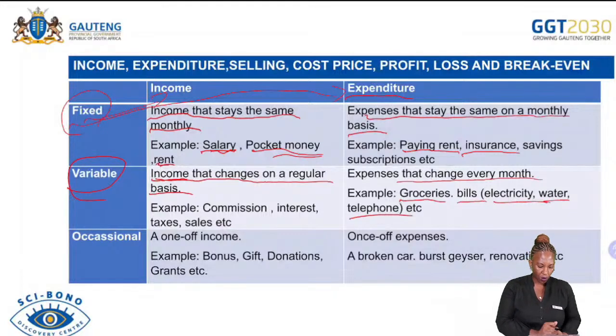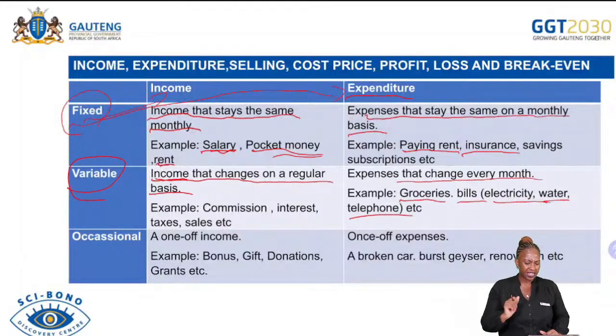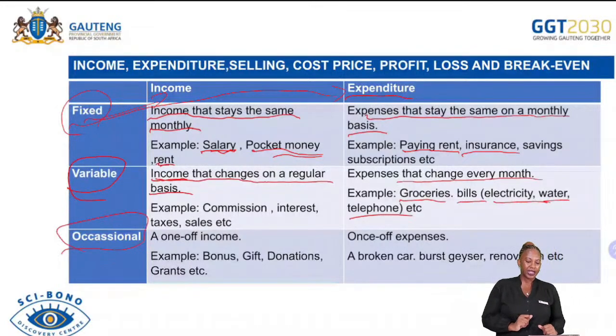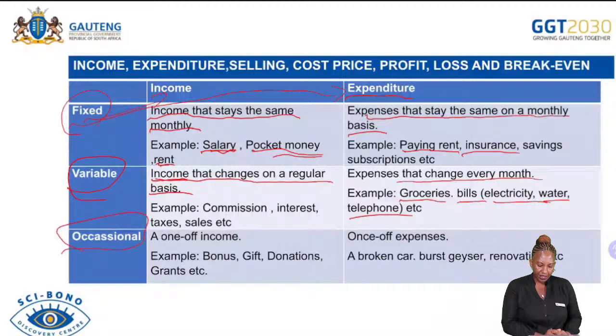Now let's go to the last one, the occasional income. When you talk about the occasional income, we say it is a once-off income. What is the meaning of a once-off income? A bonus. I don't get a bonus on a monthly basis.